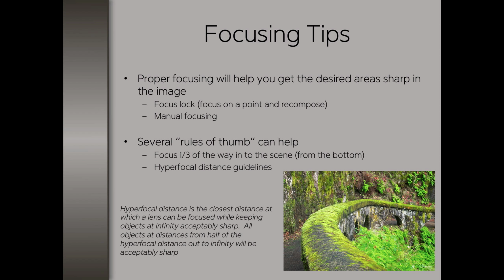The first is what I call focus lock, which is to compose or focus on a point in your image, hold down the shutter halfway, or some cameras have a focus lock button, hold that focus right where it is, recompose the scene, move the camera, and finish clicking the button.